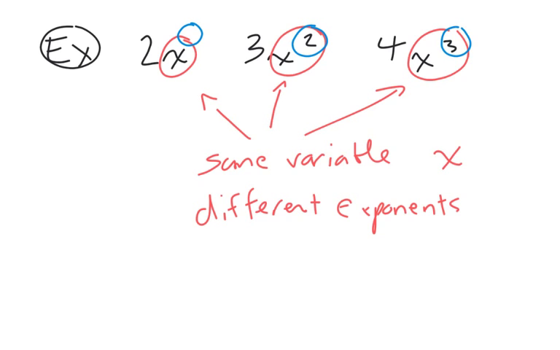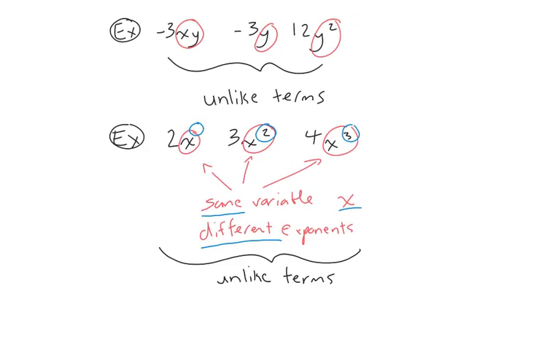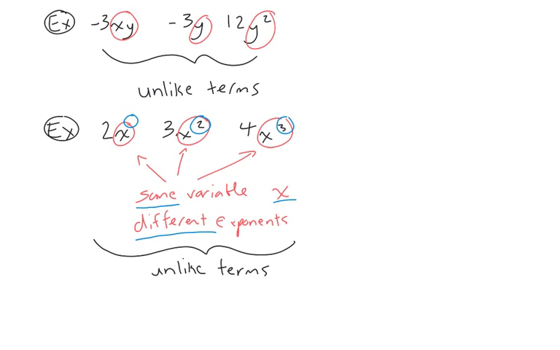But we've already established that they do have the same variable present, which is x. However, each of these terms have different exponents. Therefore, we have no other choice but to declare these terms unlike terms. I'm going to zoom out to show you all the work we did for these unlike terms.